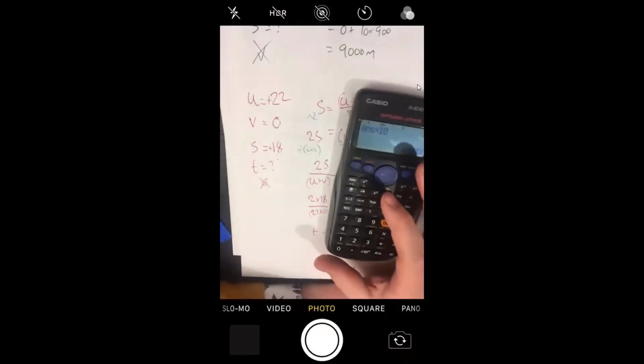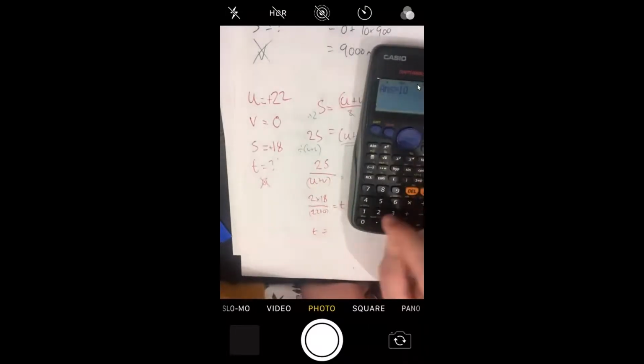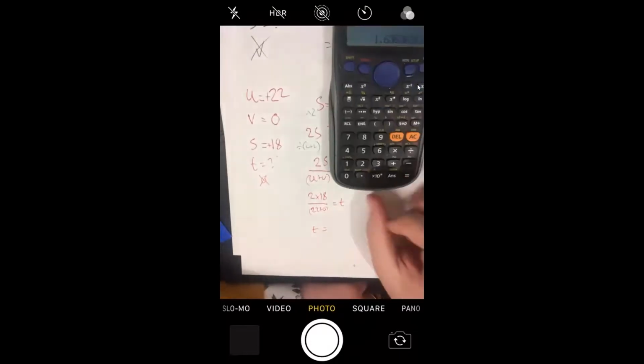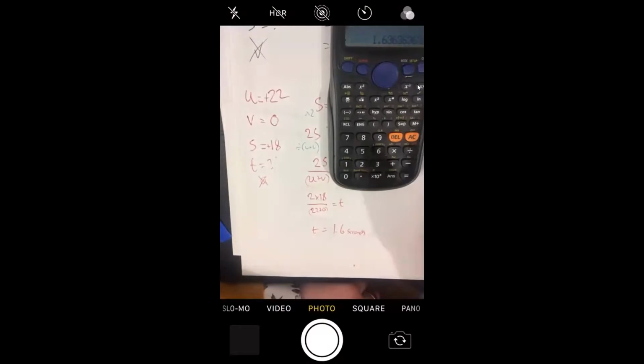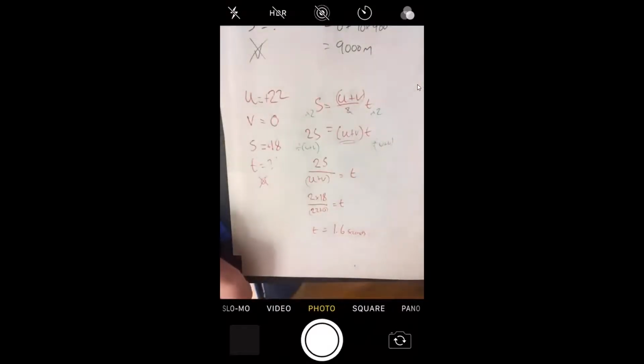So we've got 2 times 18 divided by 22 plus 0, which is going to be 1.6. We've only got 2 significant figures. I'm going to go with 1.6 seconds. Done. Questions about that one?